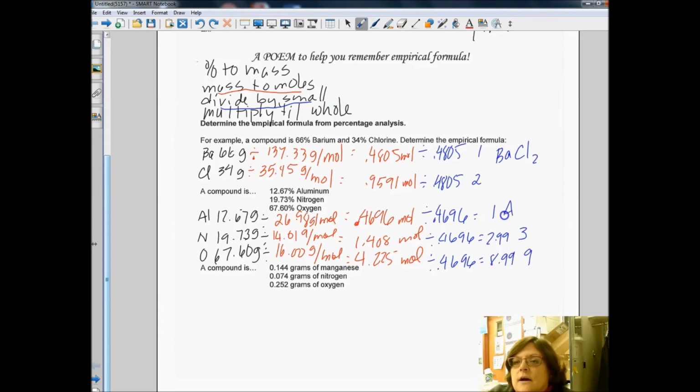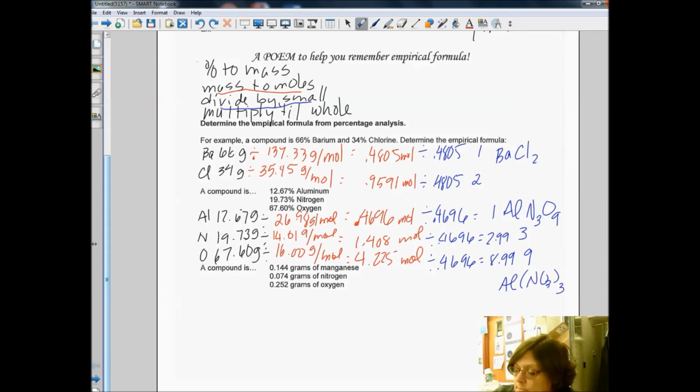This means our final compound has 1 aluminum for every 3 nitrogens and every 9 oxygens. We know N and O can make groups that are polyatomic, and in fact that is the formula for nitrate. Aluminum has a +3 charge, so we can rewrite that bad boy, aluminum nitrate.